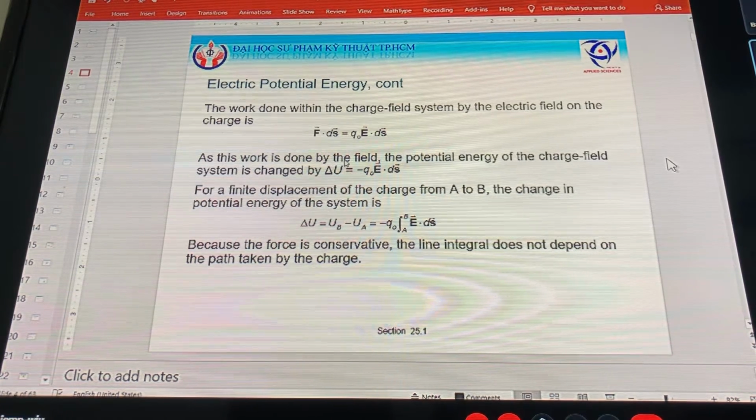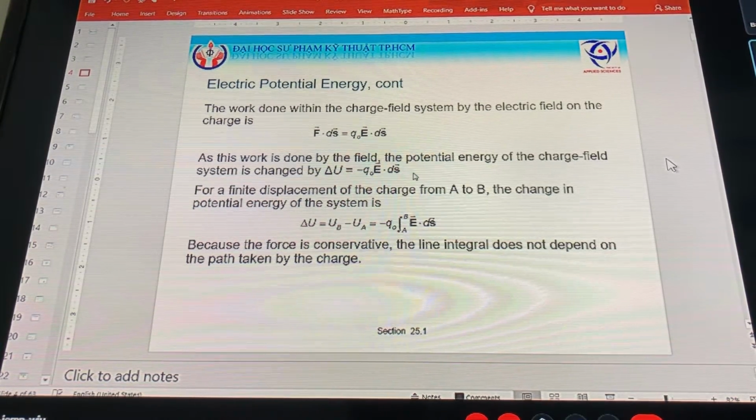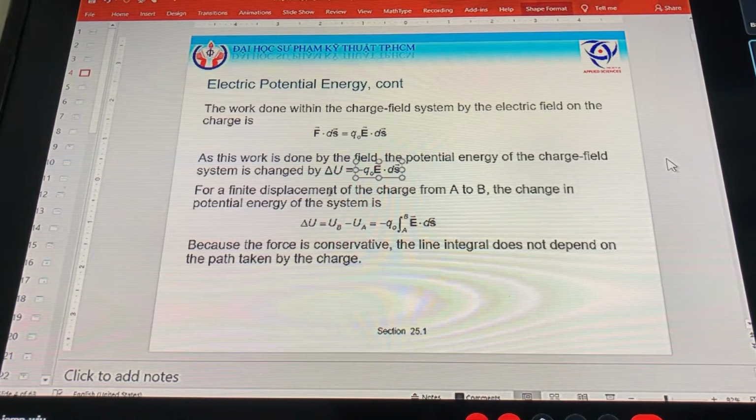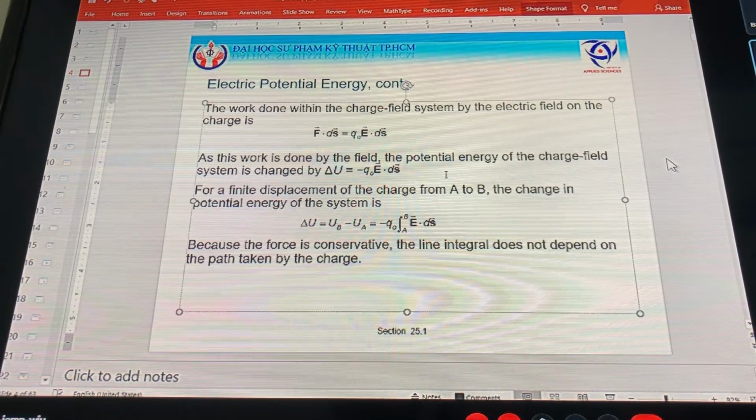Delta U is the change of the potential energy, and the work is Q0 E ds, and the relationship between delta U and work will be the minus sign here. So delta U is minus Q0 E ds. When you don't remember that, let's come back to the mechanical part, okay, in the physics 1.